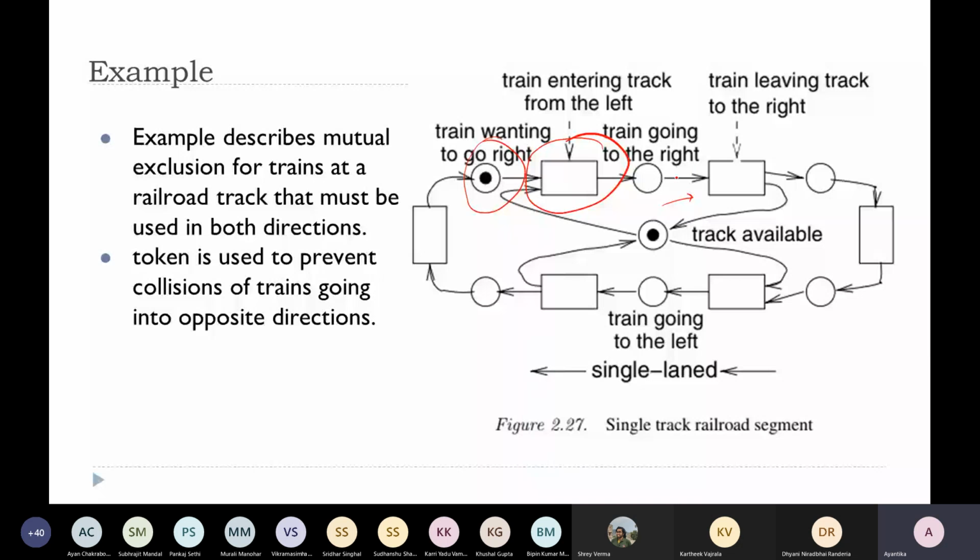So here, and a token that is placed inside this circle. Now Petri is based on some place and transition. What does it mean? Place means this place where the token is residing, and that is basically defining the state of your system.